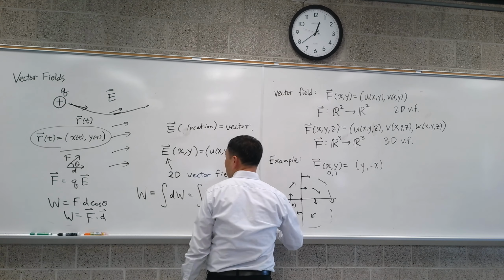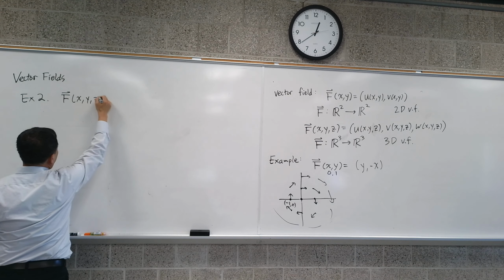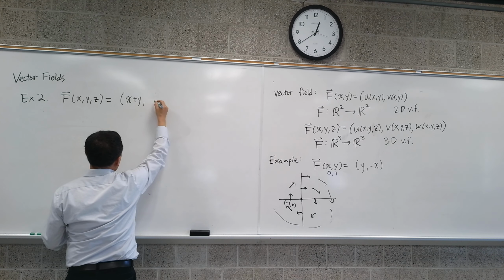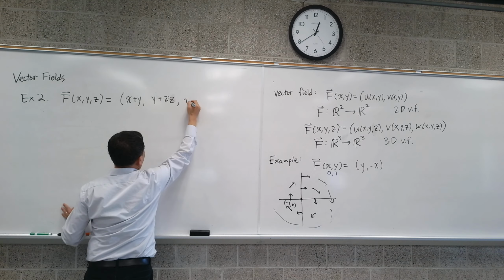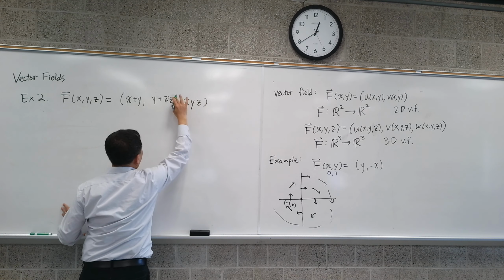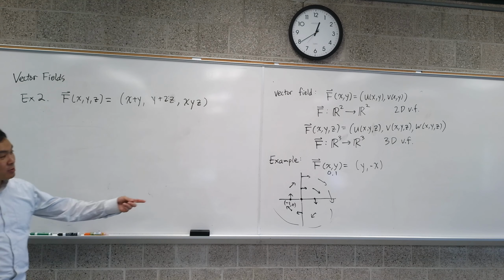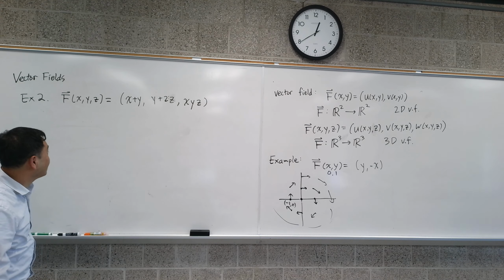Another example would be, say, F of x, y, z equals x plus y, y plus 2z, x times y times z. I have no idea what that looks like. But you might be able to use some computer graphics software to show the vector fields for this in 3D.